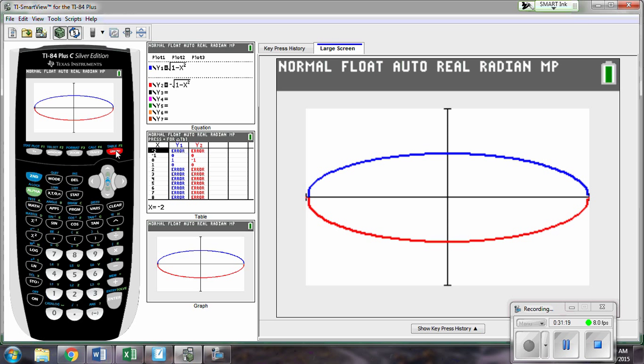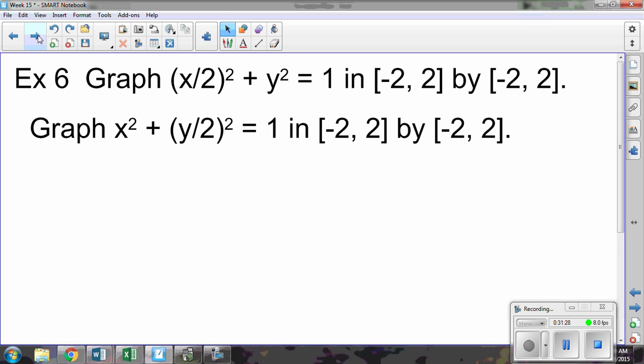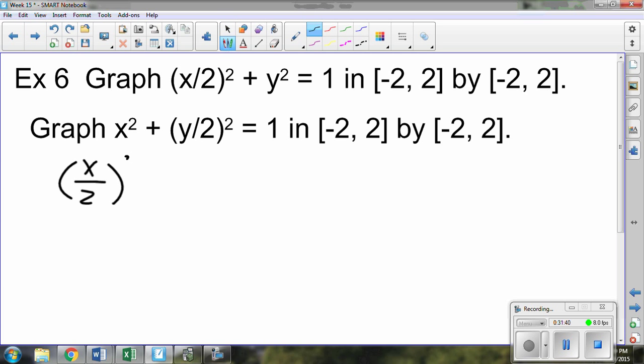But how do you manipulate the equations so that it is an actual ellipse? Consider this one: (x over 2) squared plus y squared equals 1. So we're examining this equation.